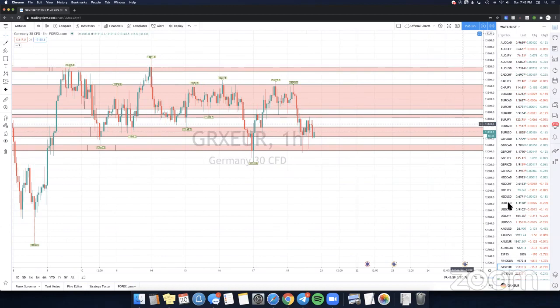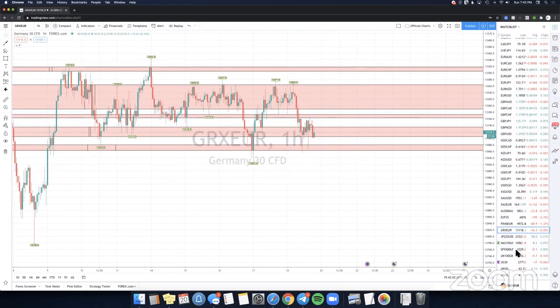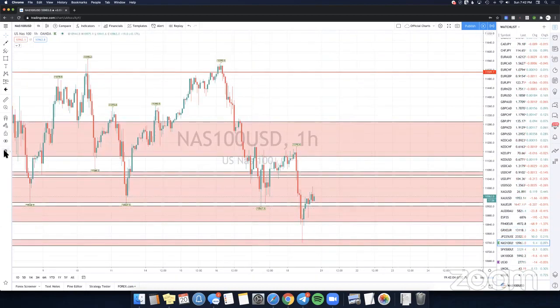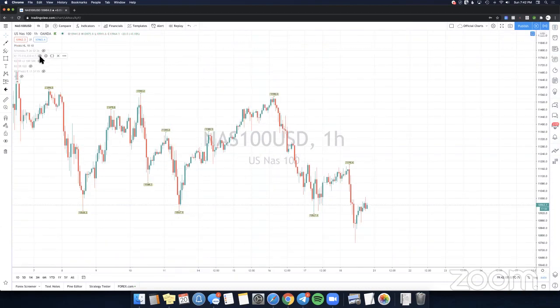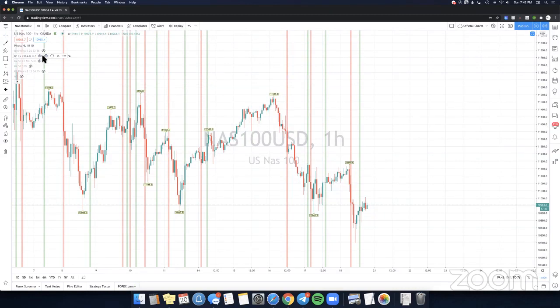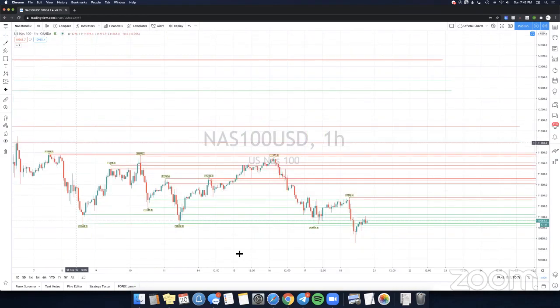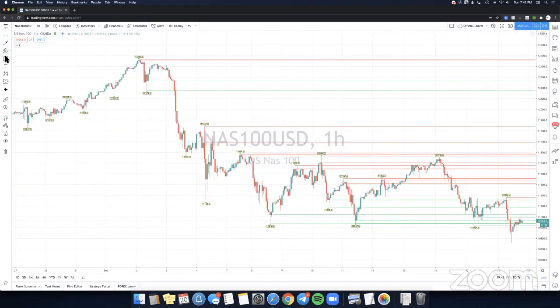So let's go to the next one. NASDAQ, favorite for everyone here. Let's see, we'll pull up the SRs. Sorry, wrong indicator. There we go. Zone.